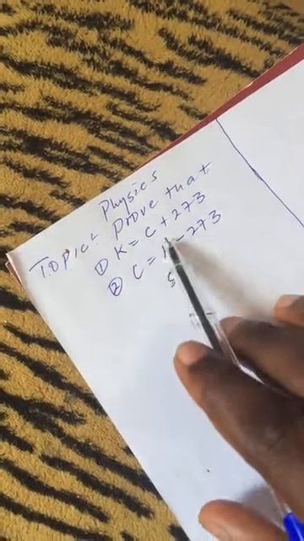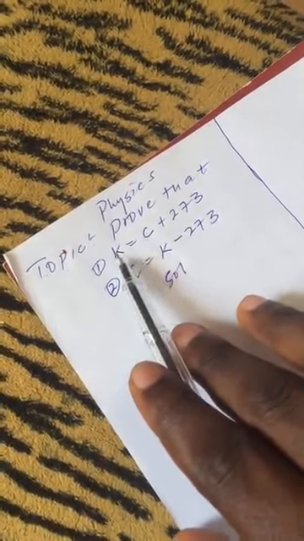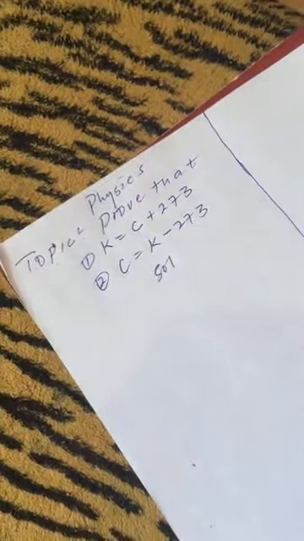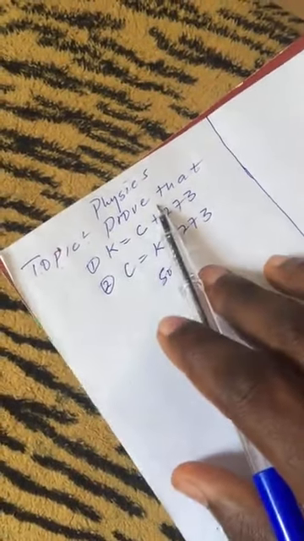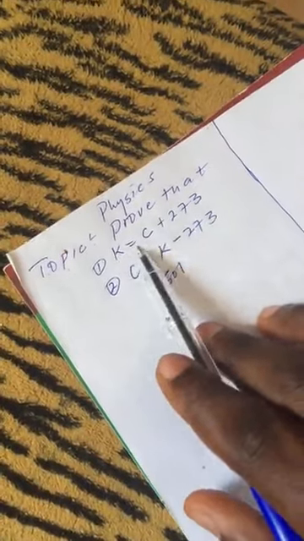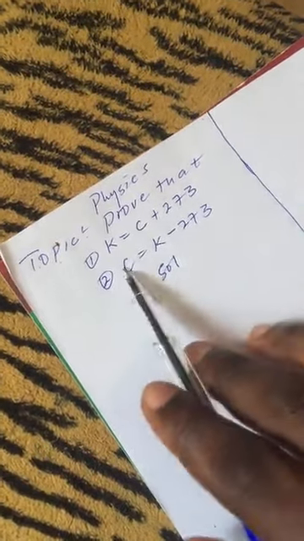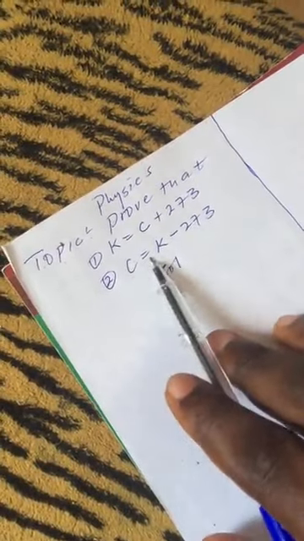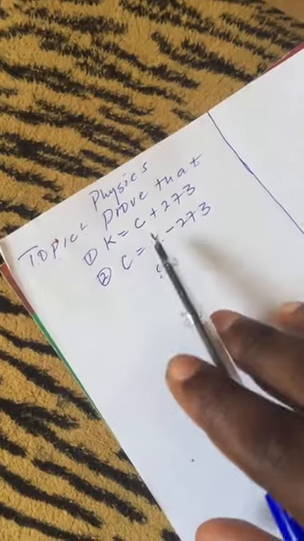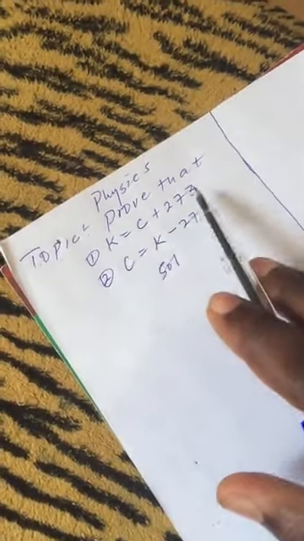But let's understand the basics first, which is to know how to convert Kelvin to Celsius and Celsius to Kelvin. Now, we are going to take a topic which is: prove that K is equal to C plus 273, then prove that C is equal to K minus 273. This will be our center of discussion.